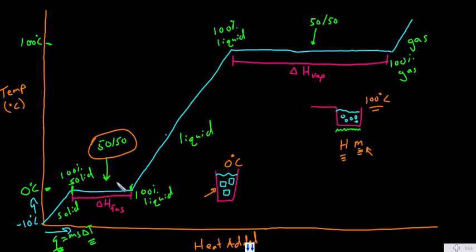And then we can see that, again, once all the water is melted, once we've turned from 100% solid to 100% liquid, the water can increase temperature again as heat is added until we again get to a change in state where we start changing from 100% liquid to gas. This involves the heat of vaporization.